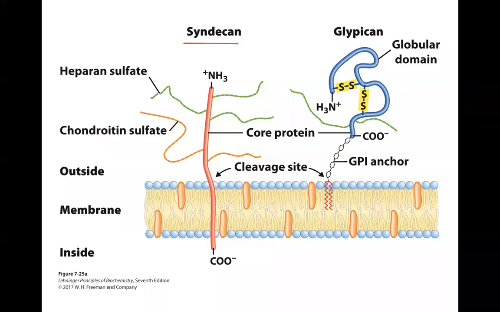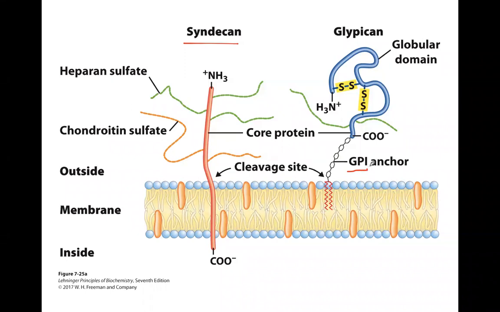Here you can see we have fatty acids anchored to the cell membrane through lipophilic interaction, right? And then you have the carbohydrate portion known as a GPI anchor. It stands for glycosyl phosphatidyl inositol anchor.